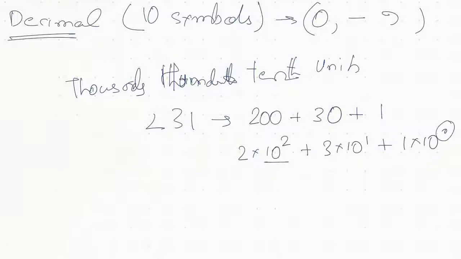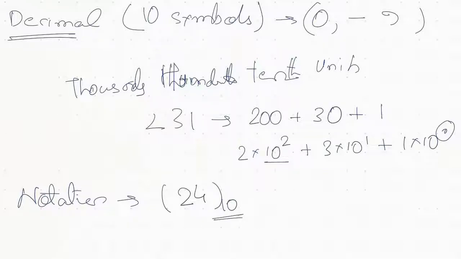Okay, so we always start from 0 and we continue forward. So the notation that is used to represent a decimal number is just like that. We put a 10 at its base. This kind of notation we will be using for other number systems also.